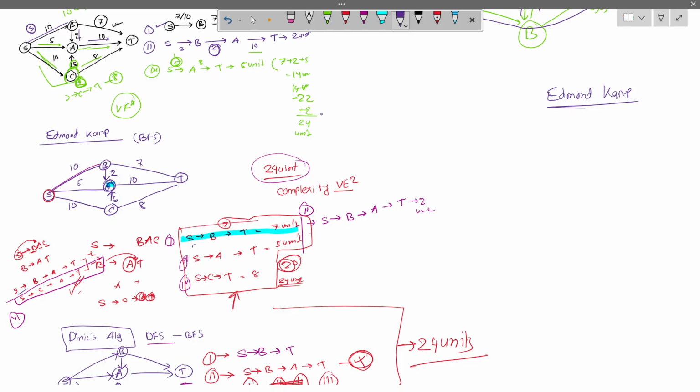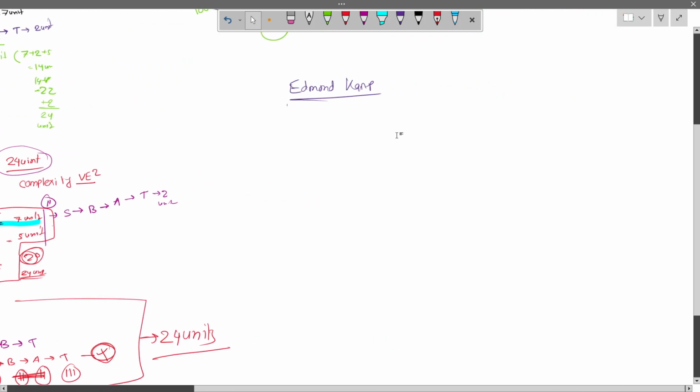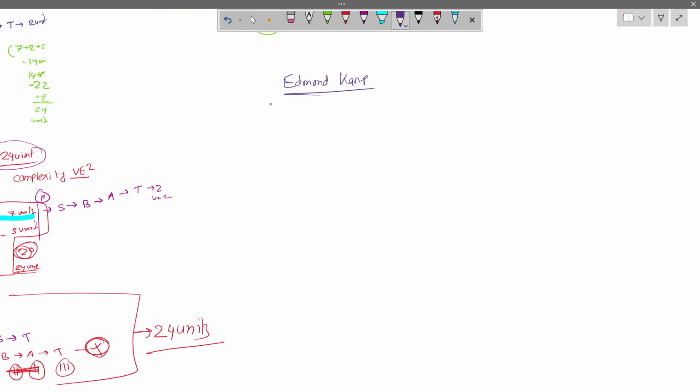In graphs where the depth is not that much, Edmonds-Karp is suitable for those scenarios. But if some graph has higher depths like S, A, B, C, D, E, F, G, H, T.